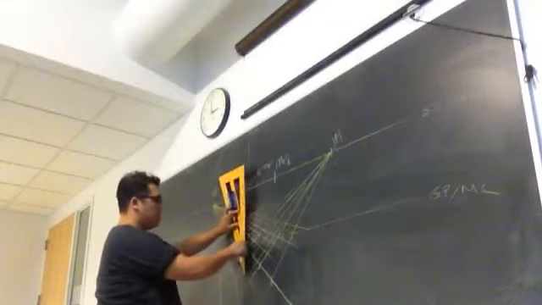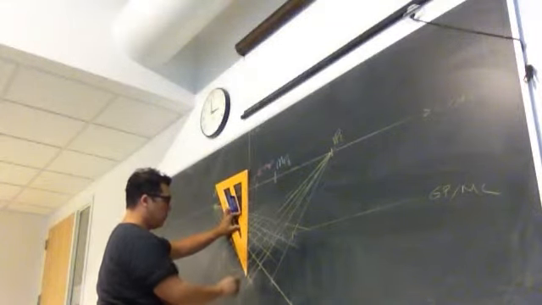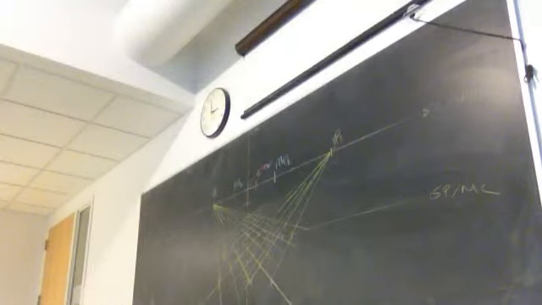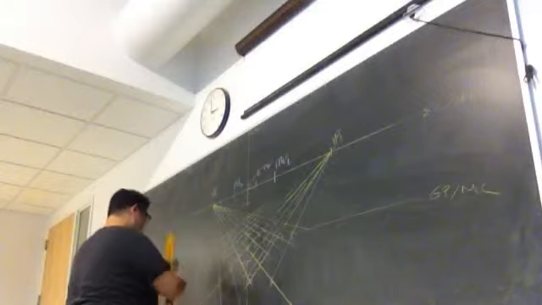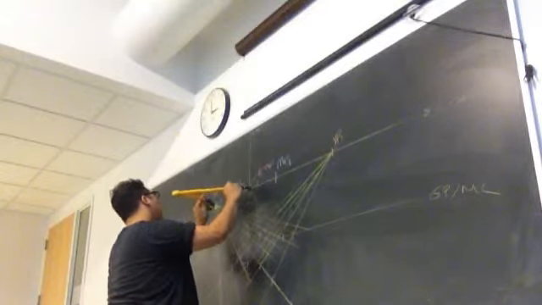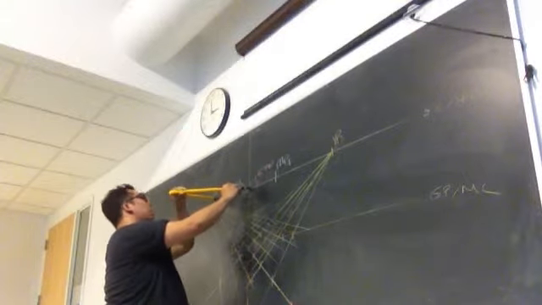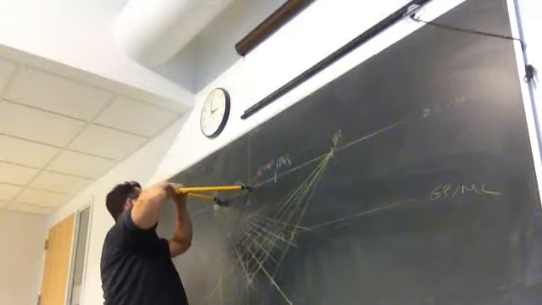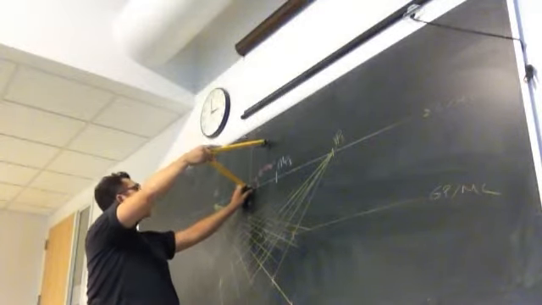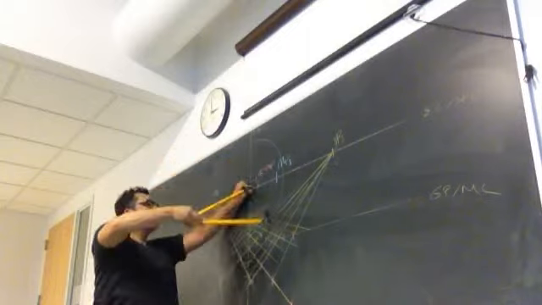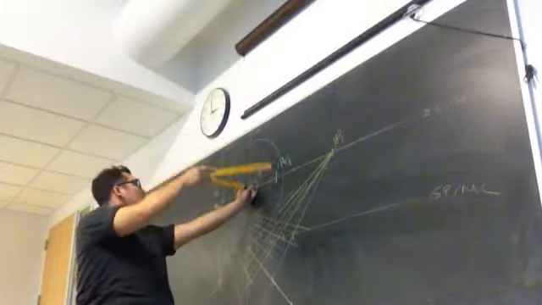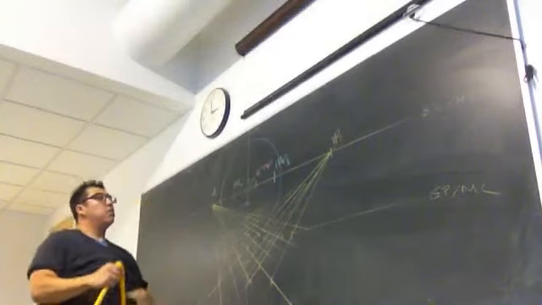So human cone, 30 degrees. So there's our cone of vision.